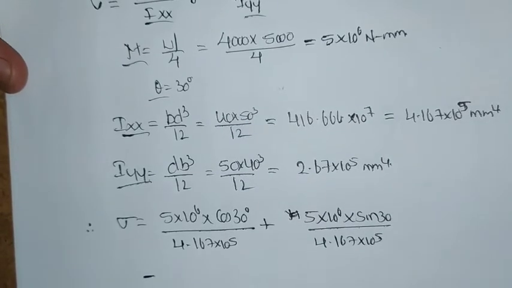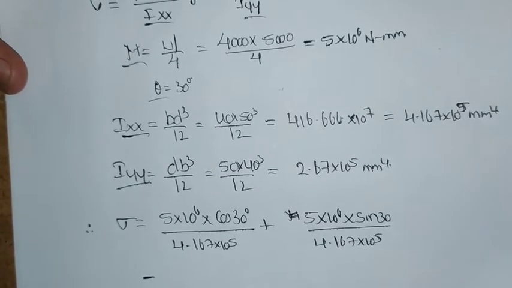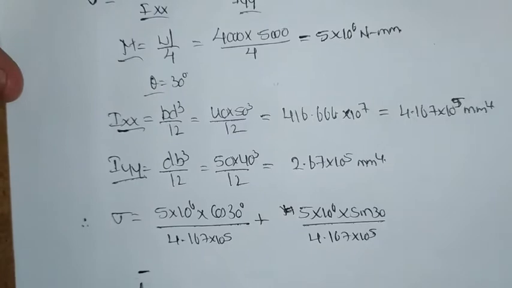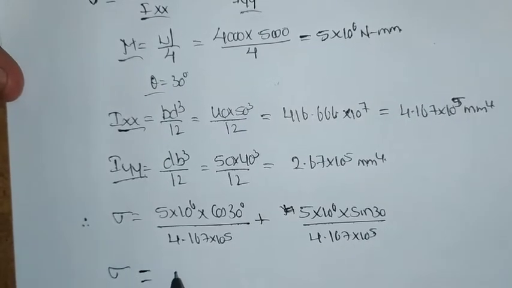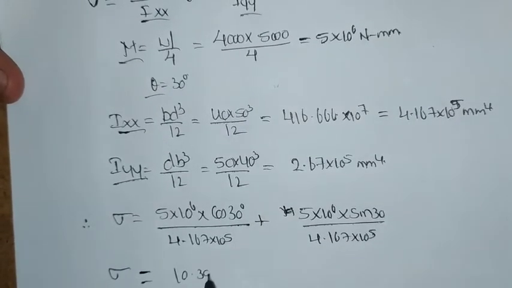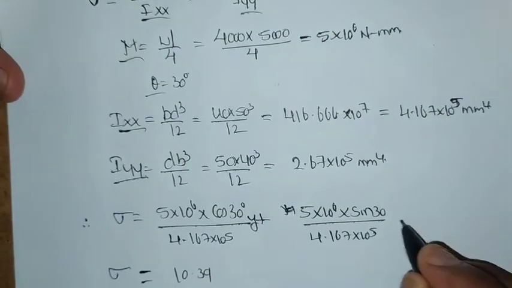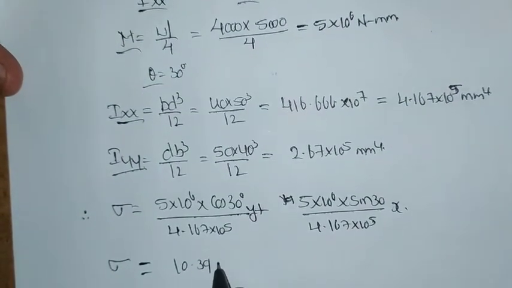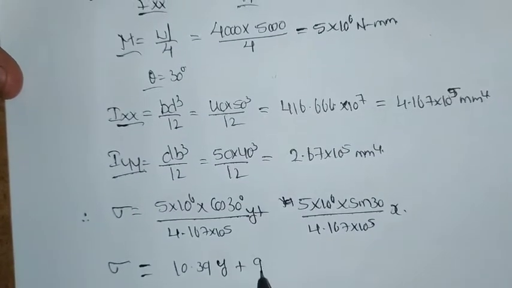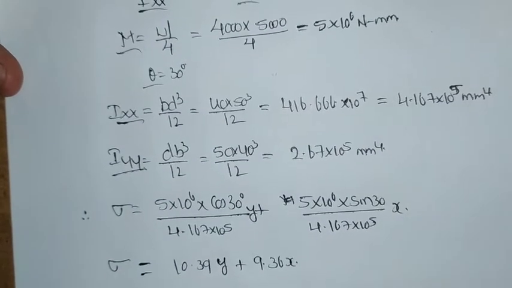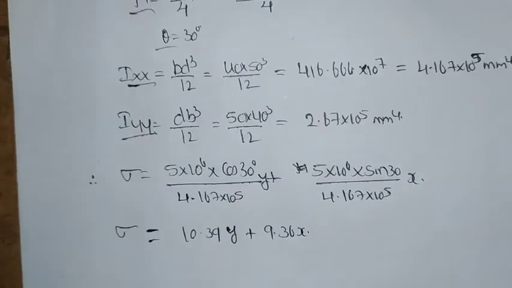By calculating the total value, we get sigma as 10.39 into y plus 9.36 into x, where y and x are the coordinates of the point.